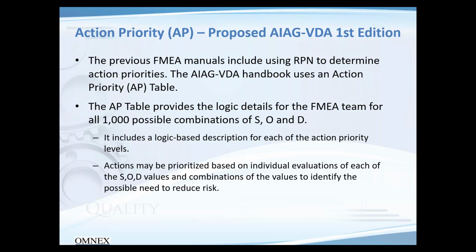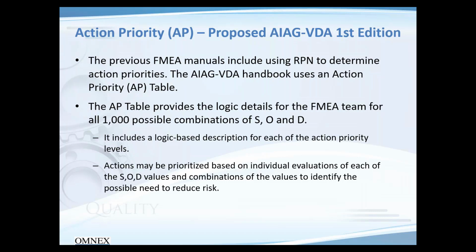In the old 4th edition, we said that setting up some type of a level of RPN to do action wasn't a good method to promote improvements. So it's changed in the fact that we've gone from having an RPN at 1,000 as the highest, because you took your highest severity times your occurrence times your lowest detection, and that's how you got your RPN value.